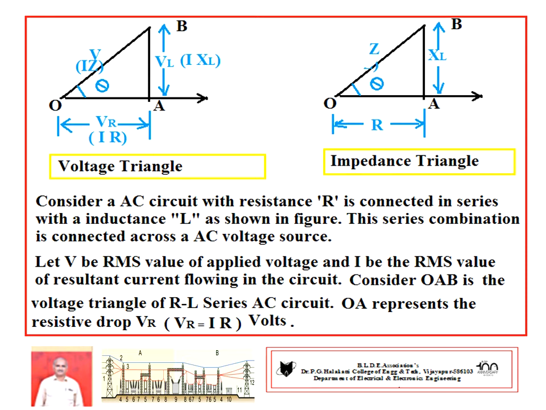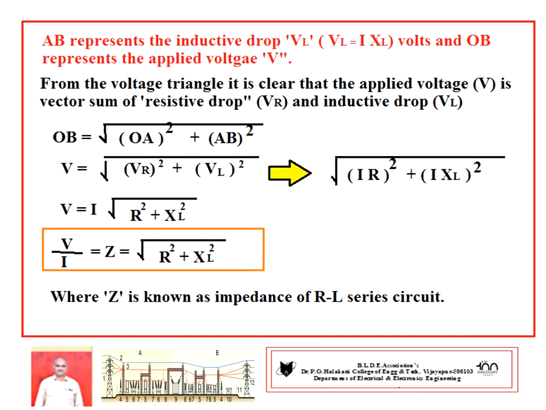Before that, let V be the RMS value of the applied voltage and I be the RMS value of the resultant current flowing through the circuit, as shown in the figure. Similarly, AB represents the voltage drop across the inductance, also called the inductive drop, VL equal to I into XL, and OB represents the applied voltage V.